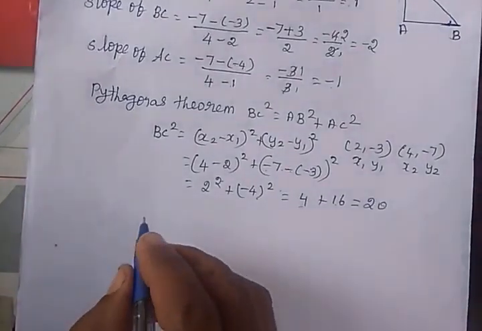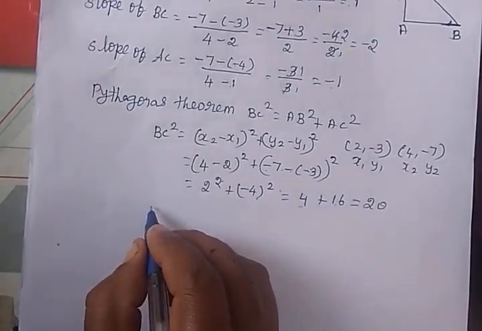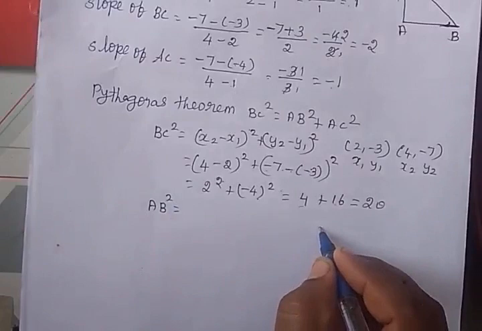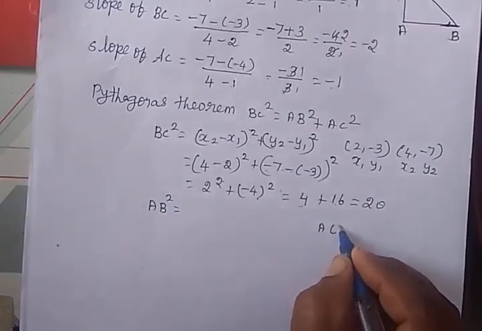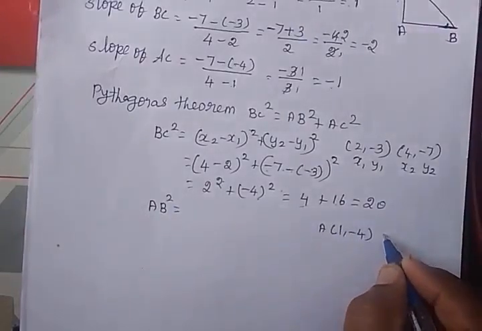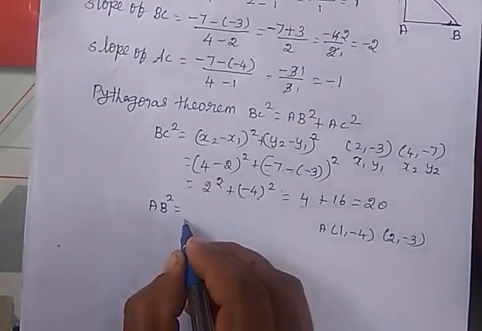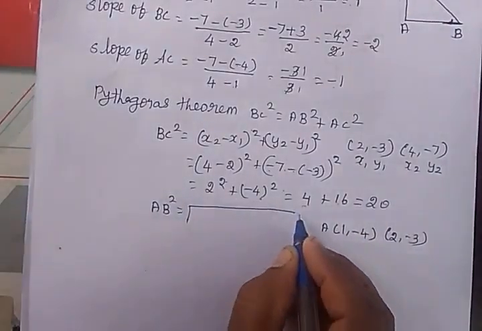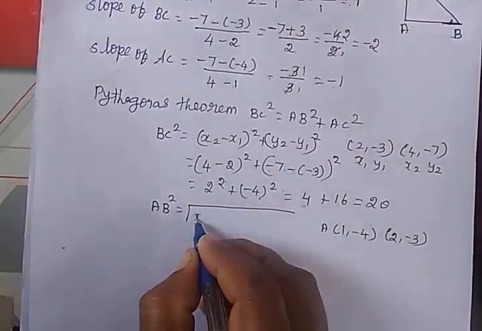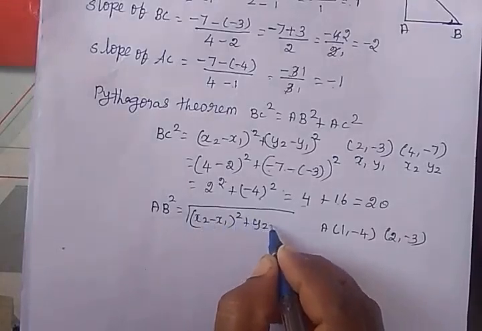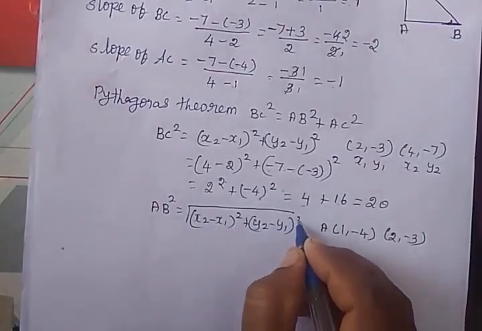Next, AB squared. AB squared is equal to the same formula. The points are A (1, -4) and B (2, -3). So AB squared is equal to (x2 minus x1) the whole square plus (y2 minus y1) the whole square.